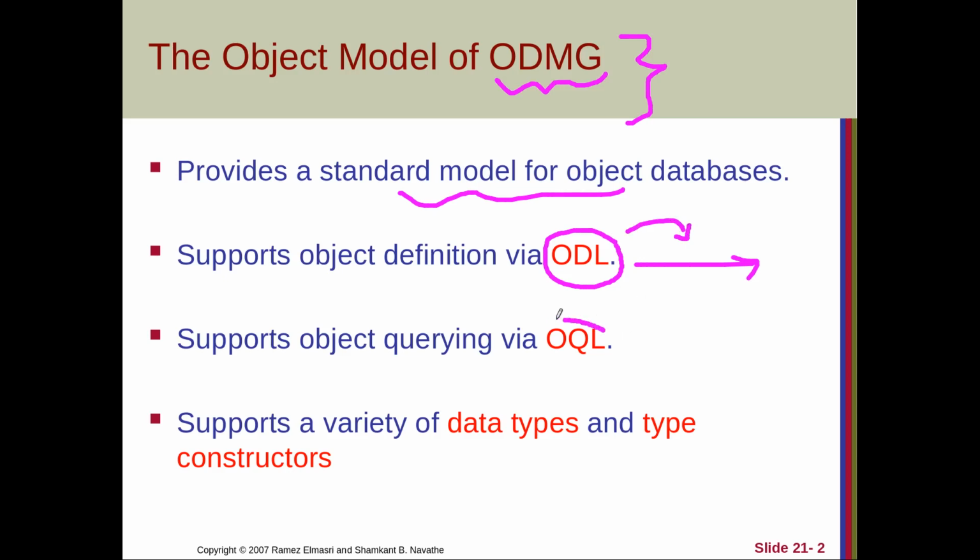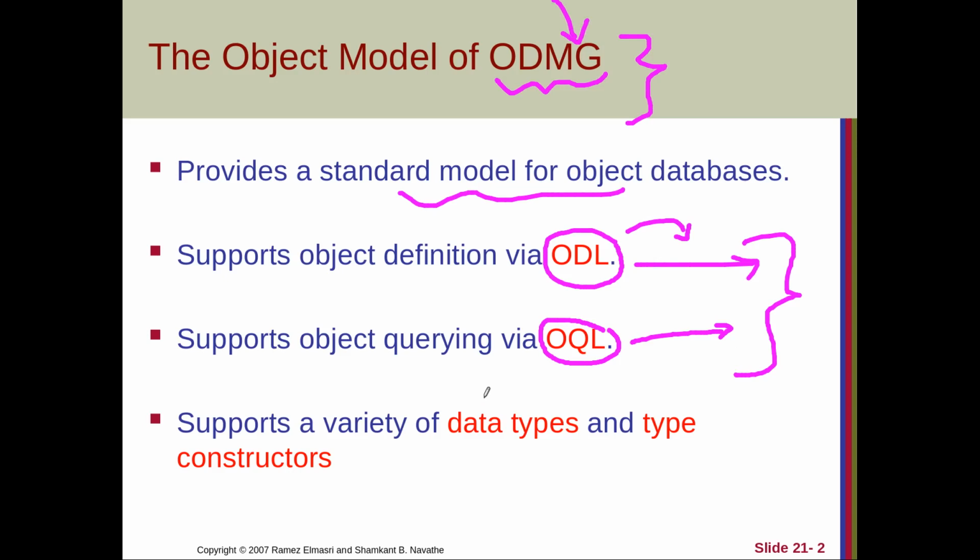The ODMG model also supports another language called OQL, object querying language, which is used for manipulation of and access to the data present in the object-oriented database system. ODL and OQL are the two general languages used for creation as well as manipulation of data, and they are part of the ODMG model.